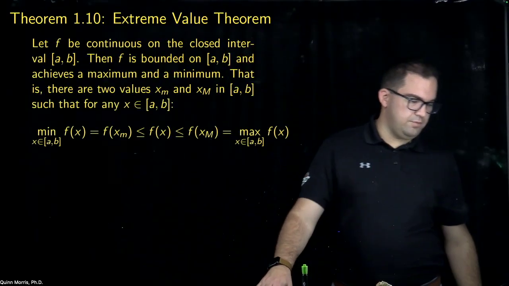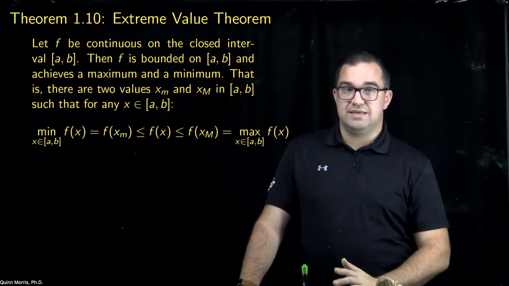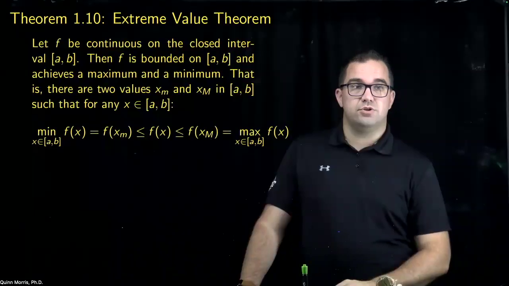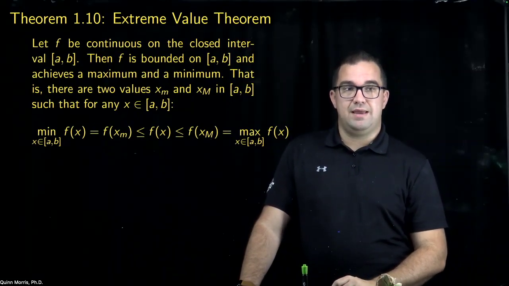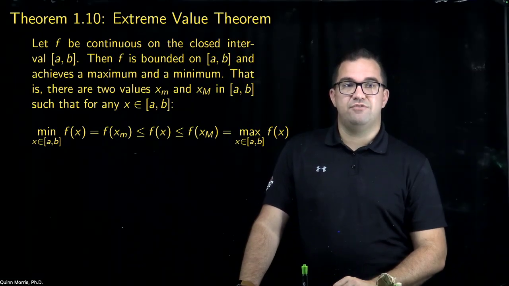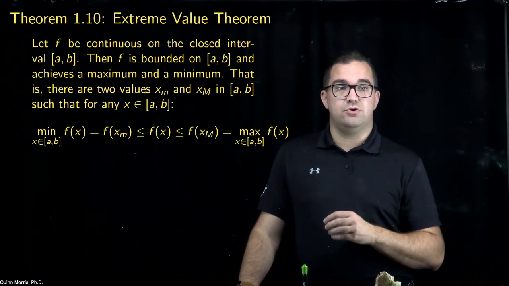Now, the other value theorem that deals with continuity is the extreme value theorem, which says: let f be continuous on the closed interval [a, b], then f is bounded on [a, b], and f achieves a maximum and a minimum. Said another way, there have to be two x values.